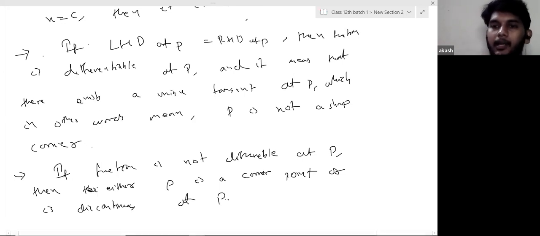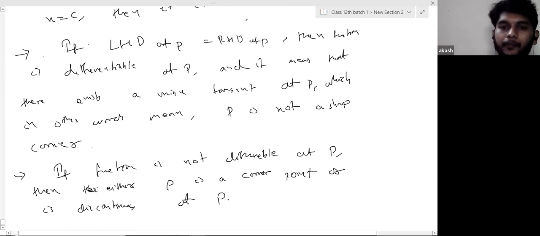Either the function is continuous and it has a sharp corner, or the function is not continuous at all. So always think about these points, write it down.